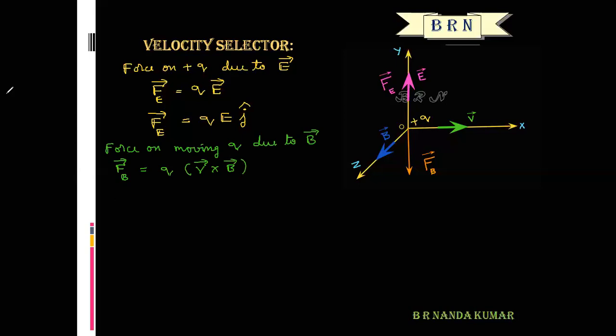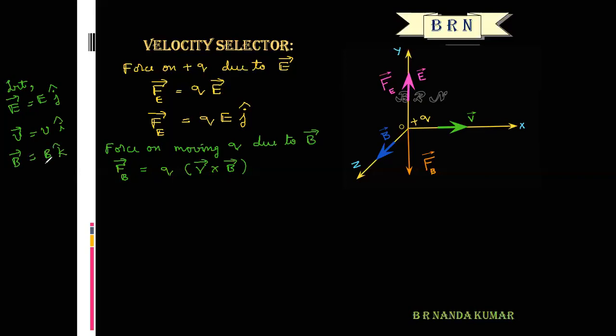Okay, so first here let us consider E vector is equal to E into J cap. So this is along positive y-axis and V vector is V into I cap. So V is the magnitude of velocity of the charged particle. I cap indicates a direction of velocity, that is along positive x axis, and B vector is B into K cap.